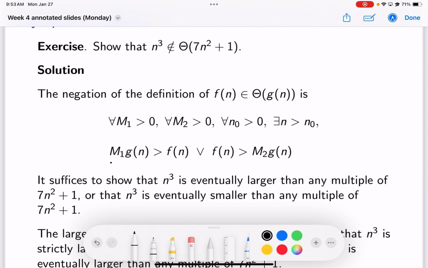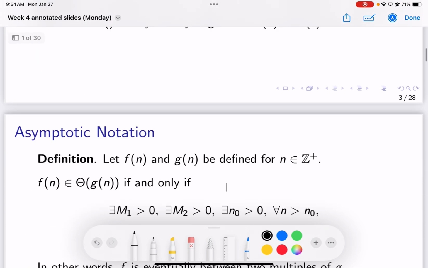So even though this is not true for all M1, that is, it is possible to find an M1 that's a good lower bound, it doesn't matter because the other side is true. This will work for all M2, and thus the entire or statement will work for all M1 and M2.